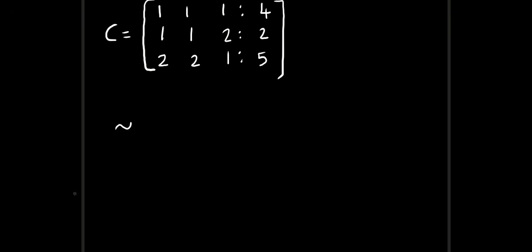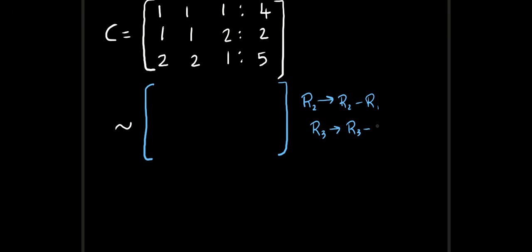Okay, now what's the second thing to do? You have to reduce the matrix C into echelon form. And when you use echelon form, don't forget you are allowed to use only row operations, no column operations at all. So I'm going to write R2 changes to R2 minus R1 and R3 changes to R3 minus 2R1.